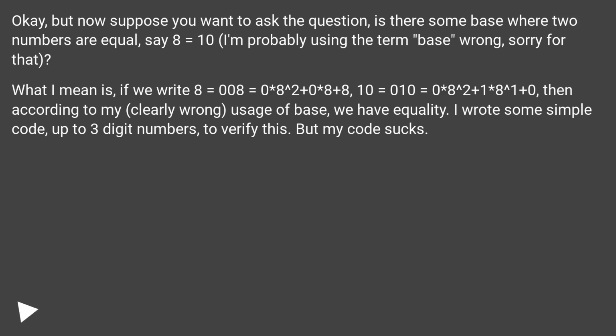I wrote some simple code, up to 3-digit numbers, to verify this. But my code sucks.